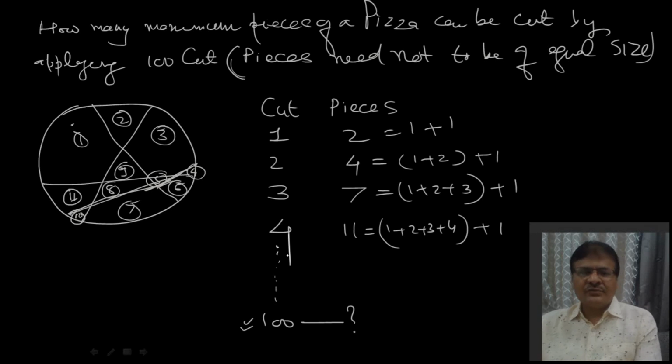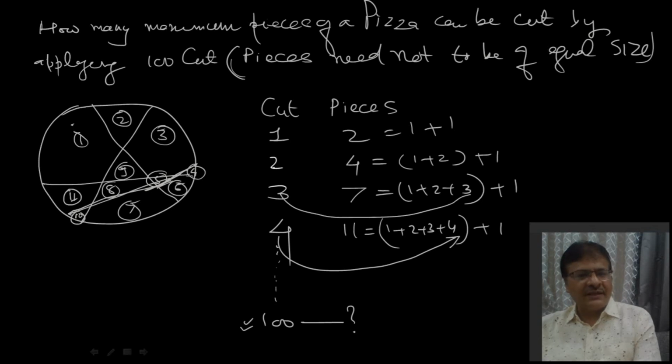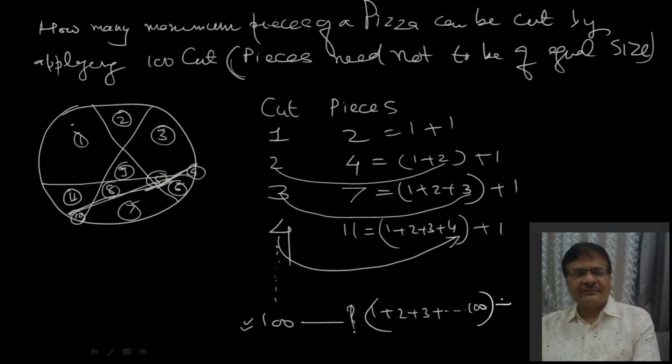I got my clue. If I apply 4 cuts, then this series goes up to 4. If I apply 3, then it goes up to 3. If I apply 2, then it goes up to 2, and this plus 1 is always coming. So if I apply 100 cuts, what do I get? 1 plus 2 plus 3 up to 100, then plus 1. Is that clear? This should be my answer.